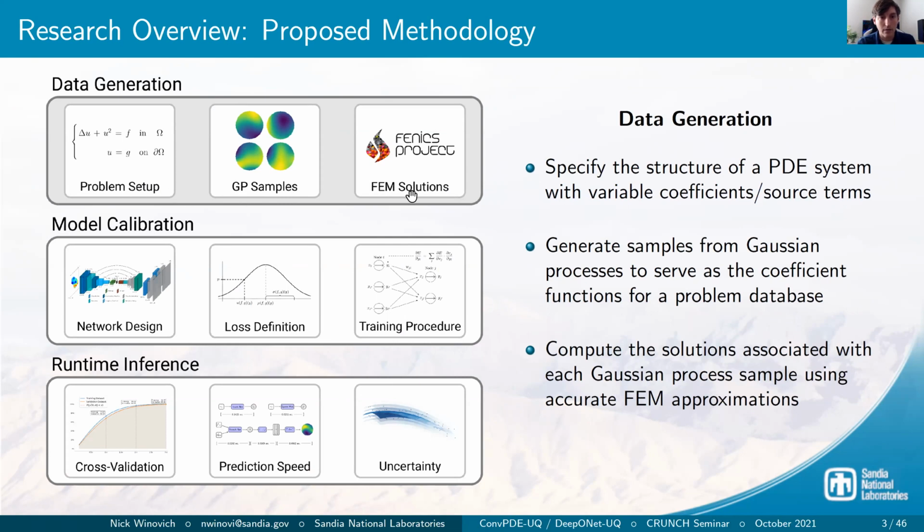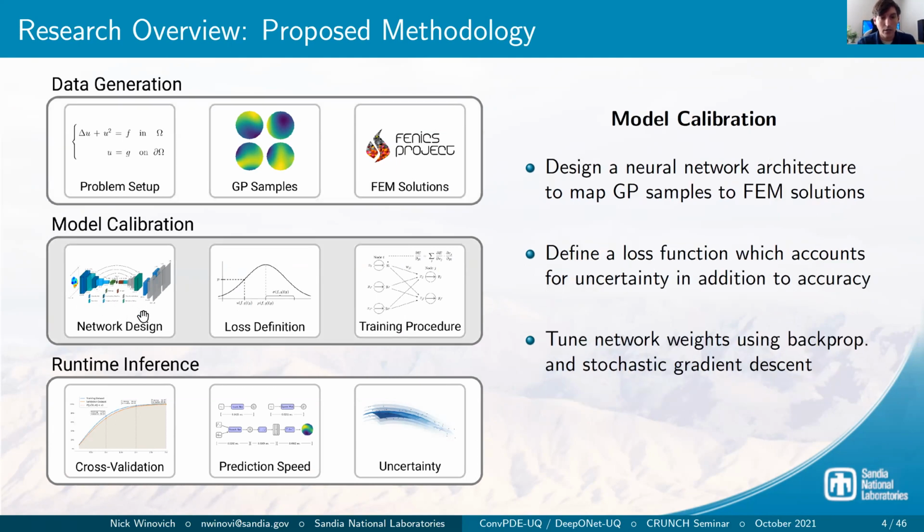And once we have that database, we will calibrate our model by giving an architecture, a network design, defining a loss function. In this case, we want to think about using a loss function which captures some sense of uncertainty in addition to the accuracy, and then training just using standard stochastic gradient descent in this case.